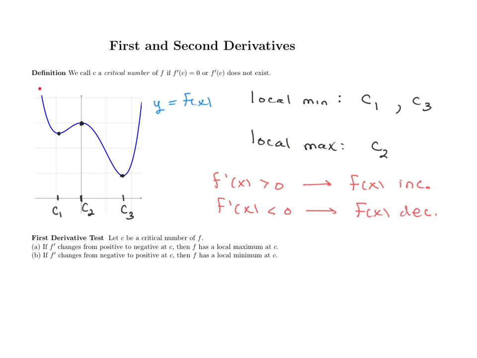So like over here, the function is decreasing. What does this mean about the derivative? It's negative. Here the derivative is 0, but over here the function's increasing, and this means that the derivative is positive. This is enough to know that you have a local min value at this spot right here. Because your function is decreasing to increasing, there must be a lowest spot.